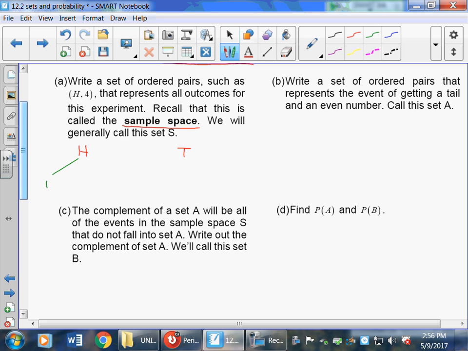I can roll a 1, 2, 3, 4, 5, and 6. And the same thing goes here: 1, 2, 3, 4, 5, and 6. So I'm going to have 2 times 6, which is 12 outcomes. That's how I can determine how many outcomes I have.